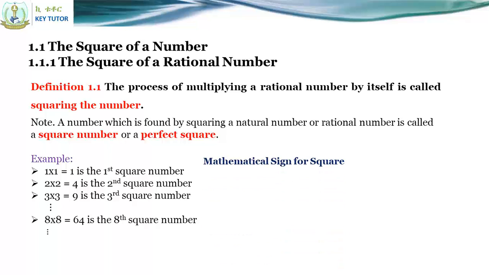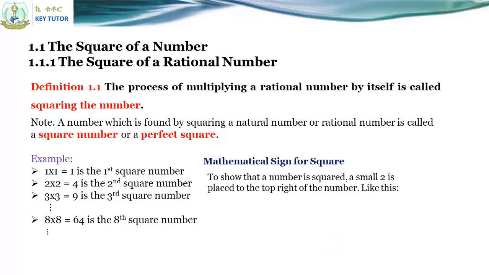Now let us look at mathematical signs for square. To show that a number is squared, usually you put a small 2 at the top right of a number, like the following: 2 squared, 3 squared, in general a squared.